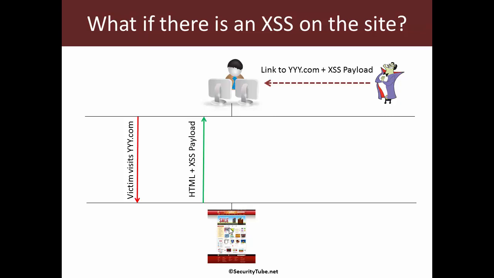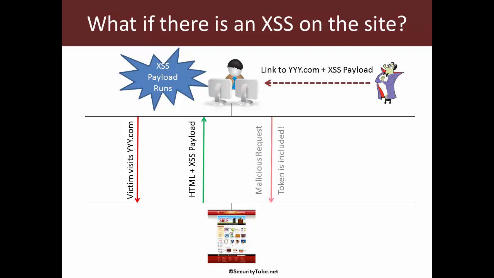And after this, the victim's browser is going to happily run the XSS payload. And now the payload picks up the token from the HTML page and then makes a malicious request with the token included.